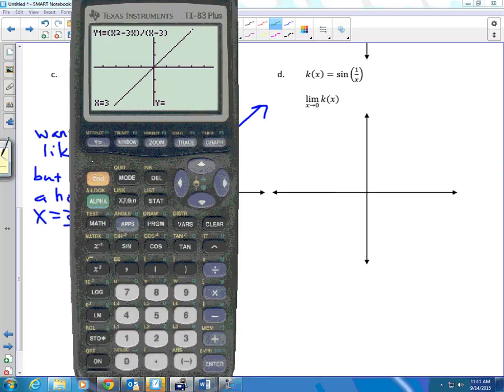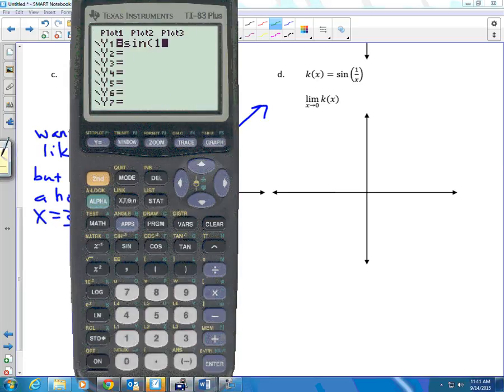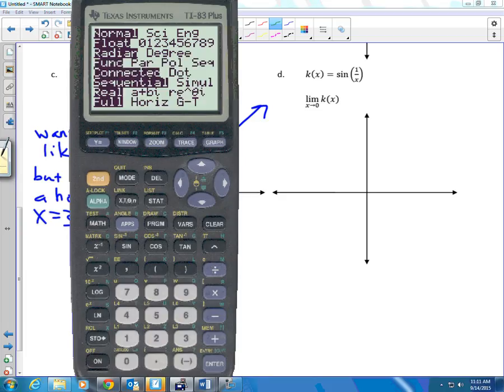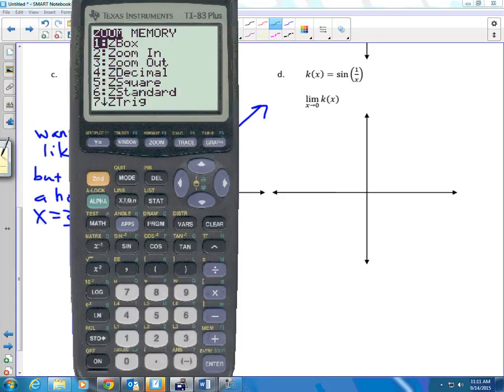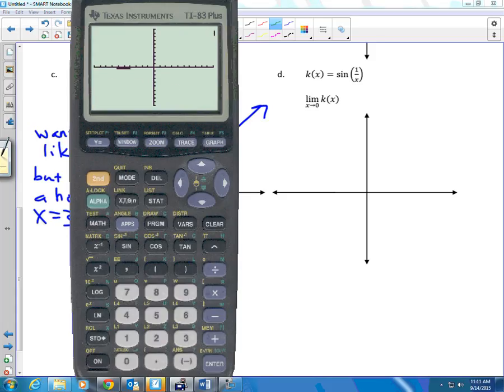All right? Now let's look at a weird one. Let's look at D. Sine of 1 over x. Y equals, clear, sine, 1 divided by x. Should I be in radians or degrees? Radians. Mode, sitting in radians. Zoom standard 6. So let's look at the graph and see as x approaches 0, can you tell what y is doing?